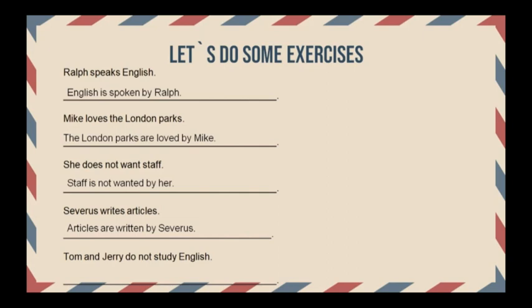Next one. Tom and Jerry do not study English. Okay, Tom and Jerry, that is a subject, do not study, that's a negative form of present simple, and English is an object, so the passive voice will be English is not studied by Tom and Jerry.